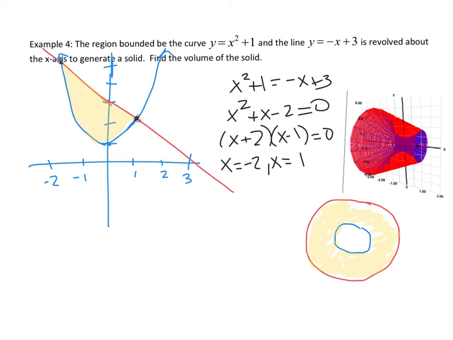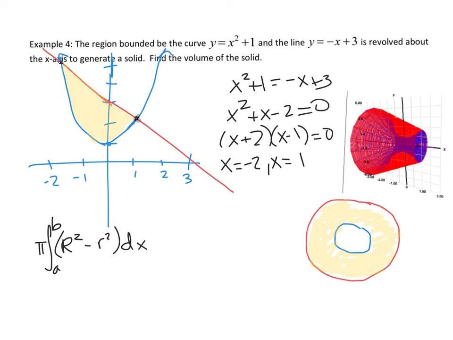So let's go ahead and write our equation. I'll just rewrite the equation that we had. It is the integral from a to b of pi, I'm just going to pull the pi out front, times big R squared minus little r squared times dx.